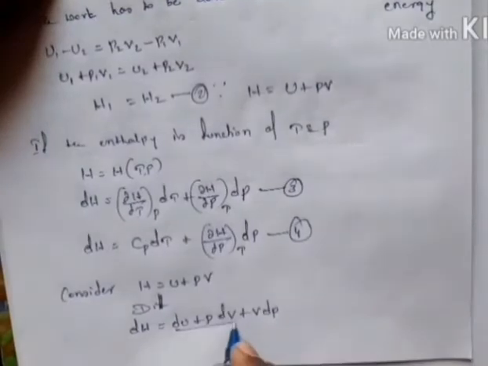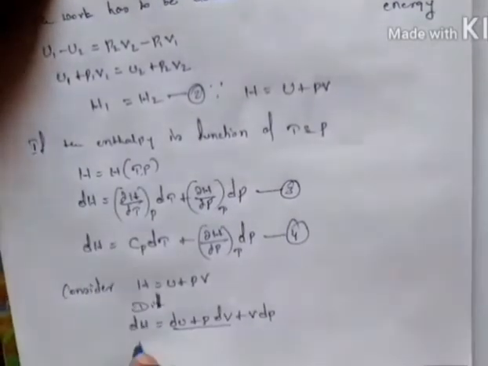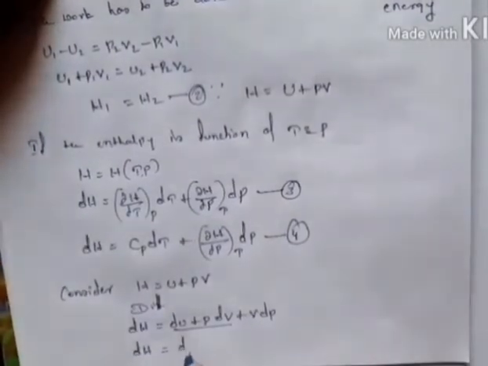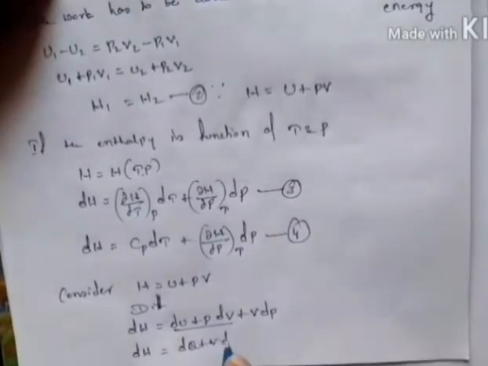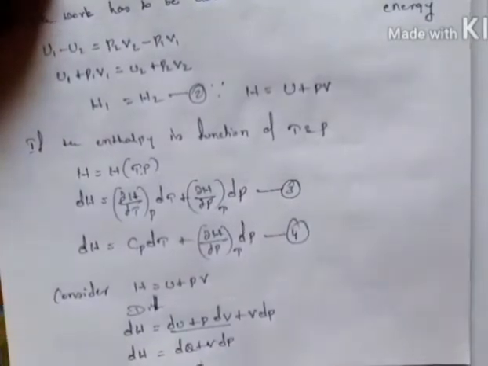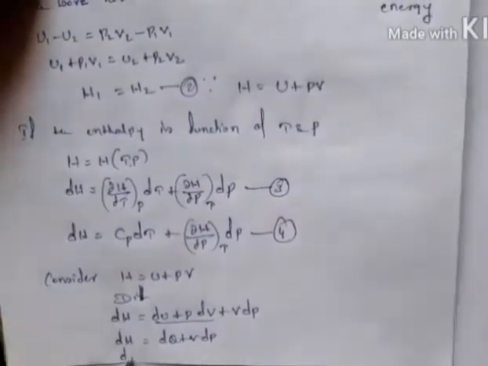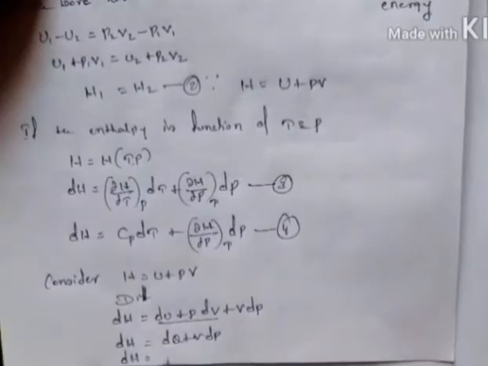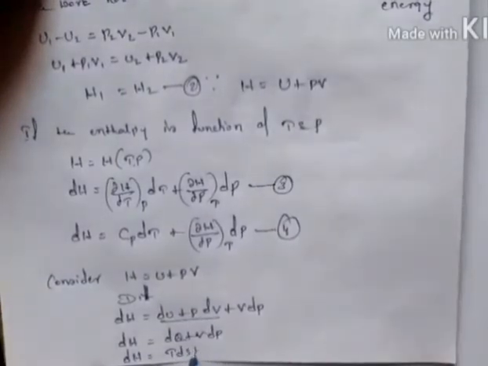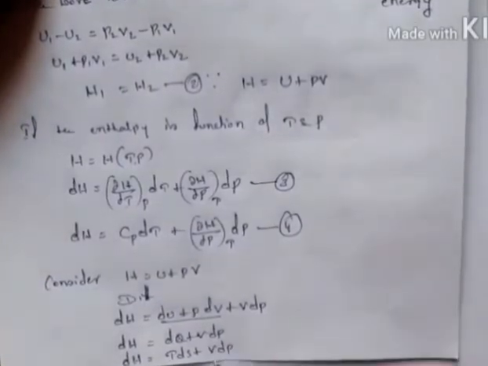Here dU plus P dV is dQ, so dH is equal to dQ plus V dP. Here dH can also be written as T dS plus V dP.